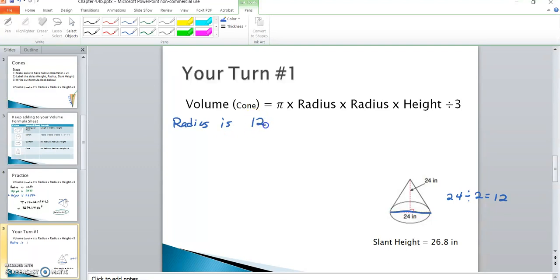And that's going to be 12 inches. Then for our height, we can see that it's straight up and down, 24 inches. And the slant height is listed below.